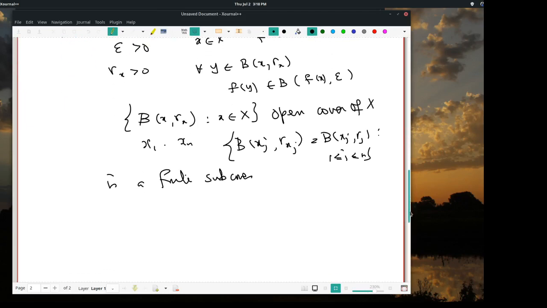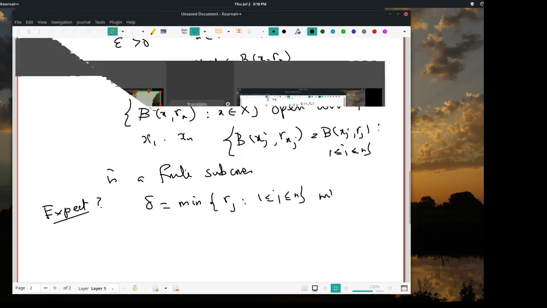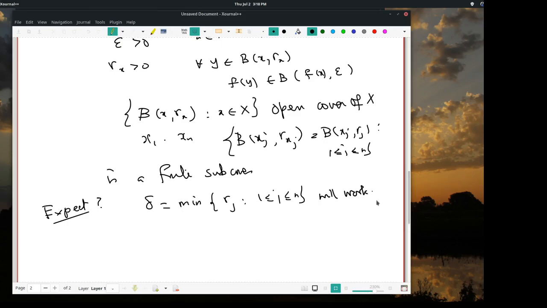Now you would expect that if I take delta to be the minimum of the r_j, that will work. This is our expectation.